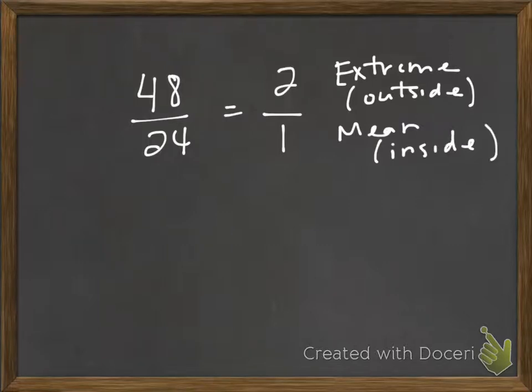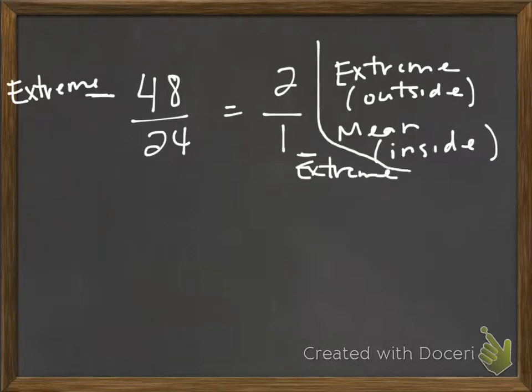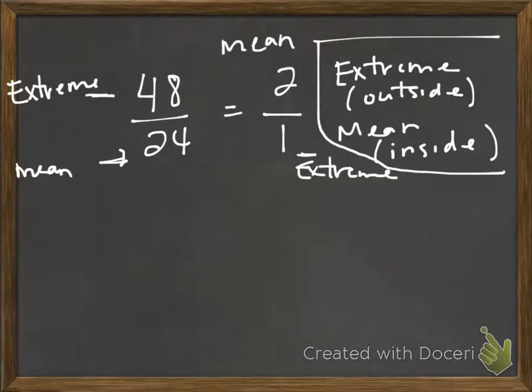Now, here's what I'm talking about. I'm going to actually give you a second to look. Right here, this number is an extreme. And here, this number is an extreme. Okay? This number here is a mean, and the 2 up here is also a mean.